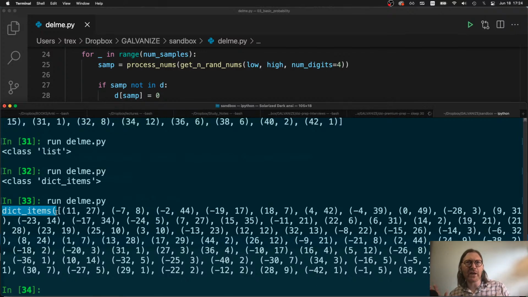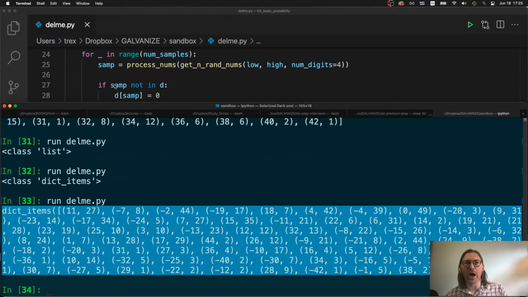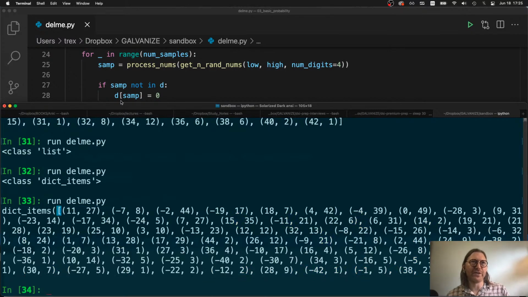So it's list-like. When we pass it into sorted, sorted returns a list. So we're actually converting this into a list when we sort it, if that makes sense. But for our purposes, it operates pretty much exactly like a list containing tuples either way, whether or not we sort it. But technically, this is not a list, it's a dict_items object, but it's basically a list, right? Like a list with tuples in it.